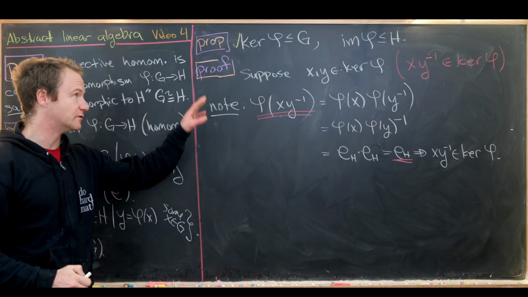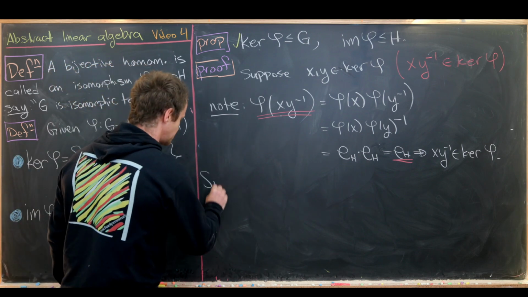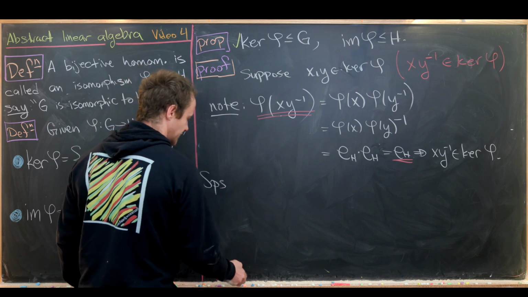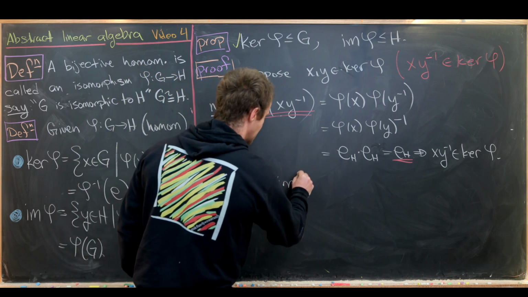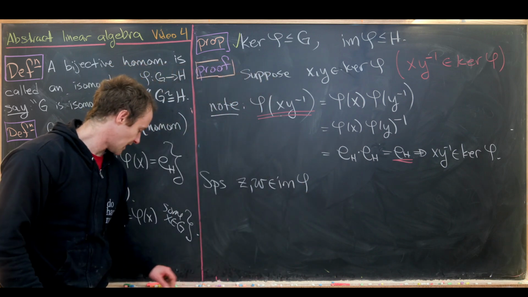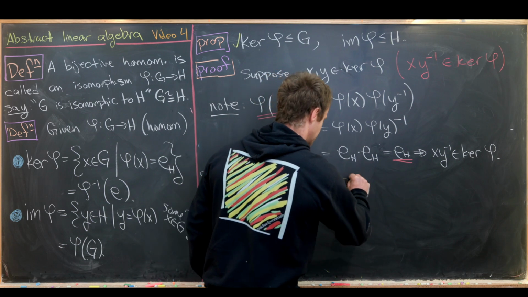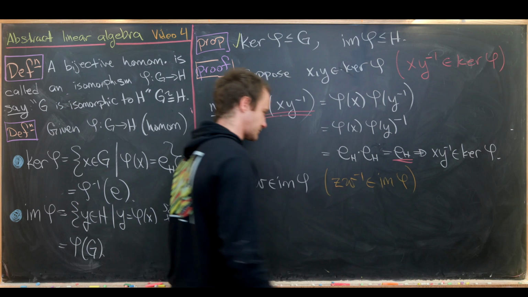Okay, so now let's move on to this second one. Again, we'll use the subgroup test. So let's suppose, maybe I'll use slightly different letters here, that Z and W are in the image of phi. And just as we discussed before, we want to show that Z W inverse is in the image of phi.